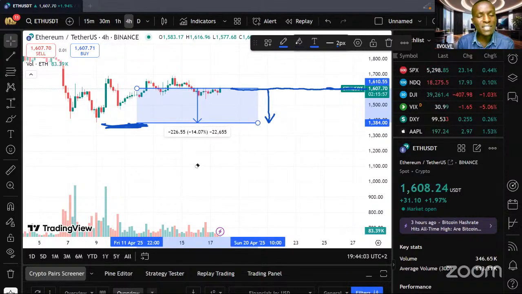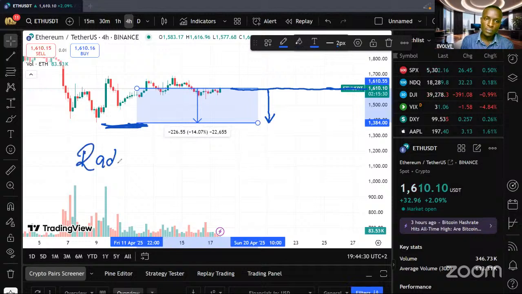So the percentage is 14. It means this coin might drop from the current price, and it will find resistance when it reaches negative 14. So when I'm going to choose my risk type, remember, when you go in radical, it means you don't expect the coin to go down so much.